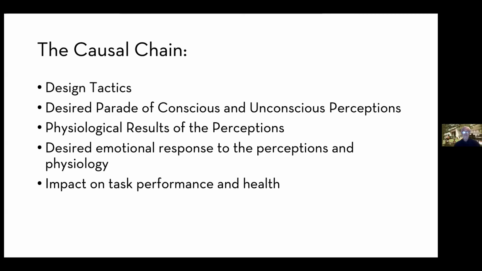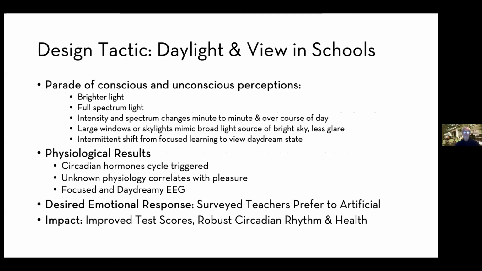As an example, which I take from the recent book by architect Lisa Heschong entitled Visual Delight in Architecture, we take the tactic of bringing daylight and views into schools or offices or homes. So the parade of conscious, you've seen the design tactics, right?